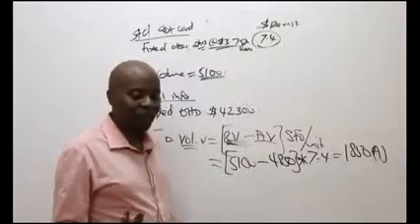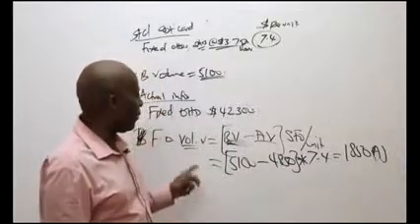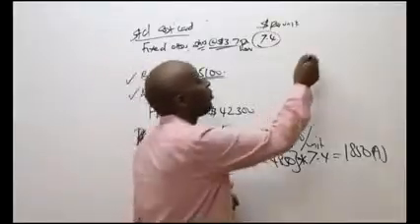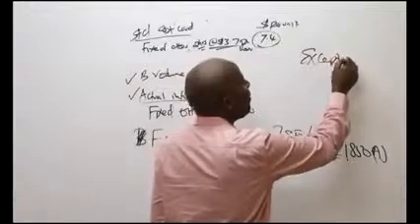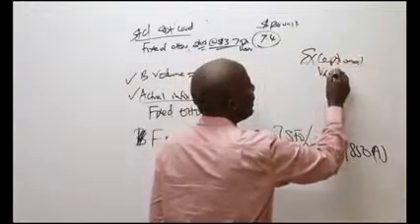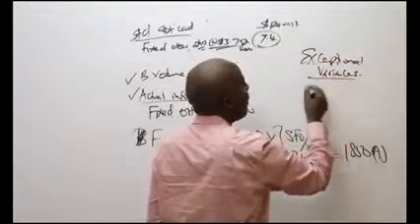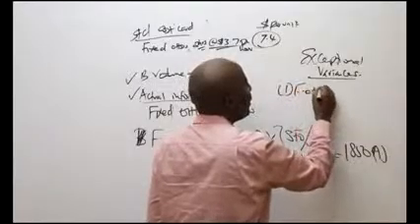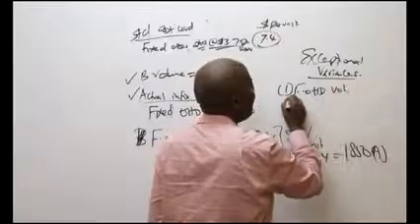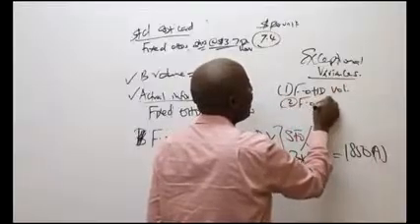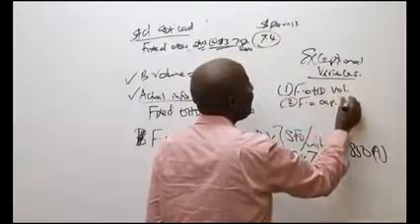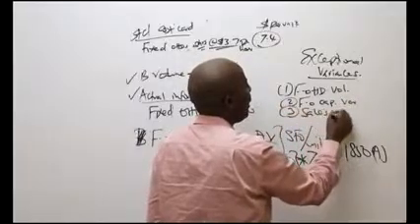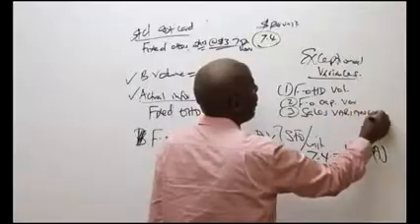That is wrong. Why? Because fixed overhead volume variance is an exceptional variance. If you can remember the exceptional variances, number one, fixed overhead volume. Number two, fixed overhead capacity variance. And then number three, all sales variances.